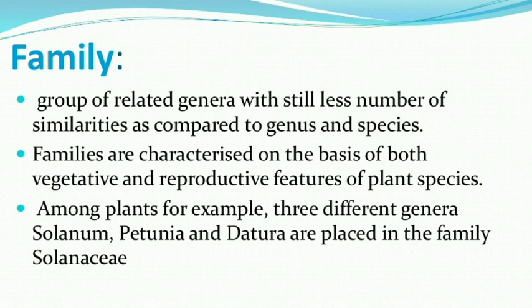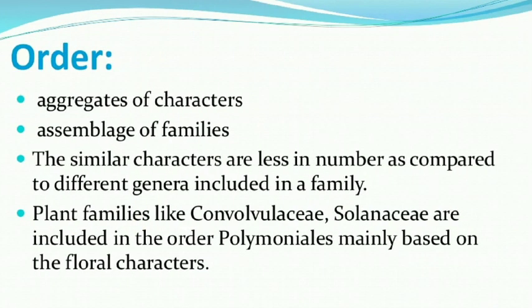Like that, a family will be a group of some genera kept under one family, and a group of families make orders. So it is an aggregate of characters or assemblage of families. Okay, it means families having some similarities are kept under the same order.